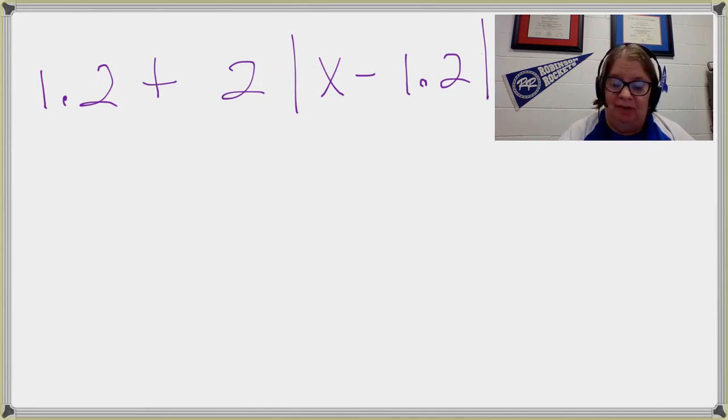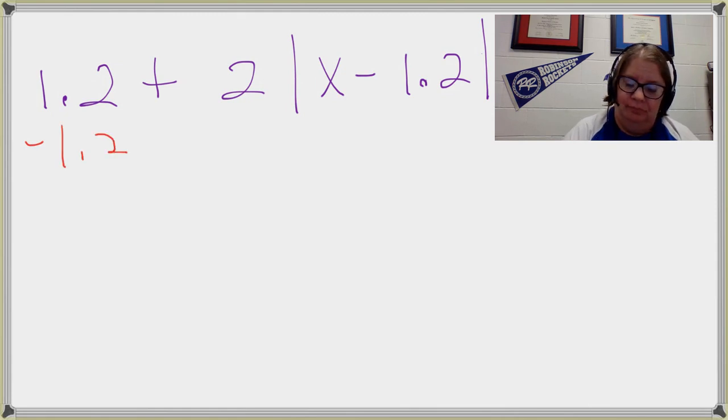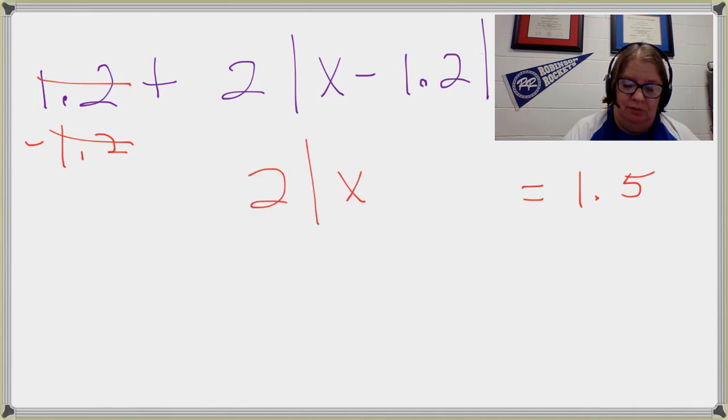So our first step in solving absolute value is to isolate the absolute value. So first I'm going to subtract 1.2. These cancel out or zero out. This is going to be 1.5. So we have 2 times the absolute value of x minus 1.2.